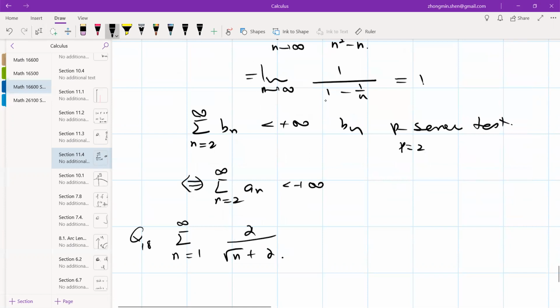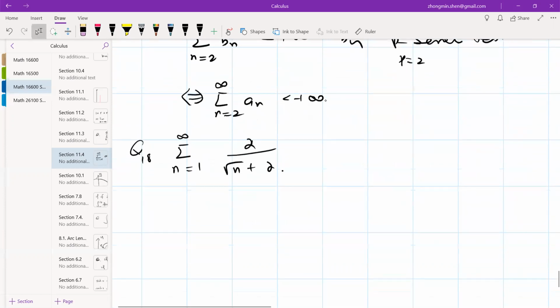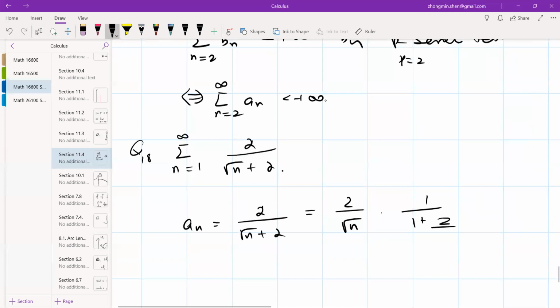Right? Why is it divergent? Just drop the constant term. If you take square root of n out, this term is almost equal to 1.